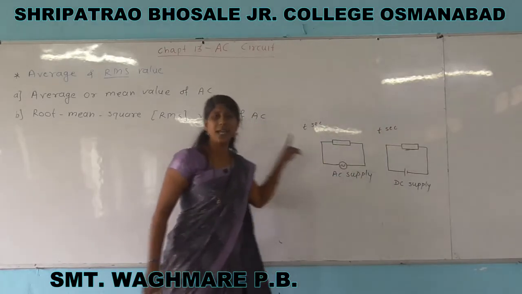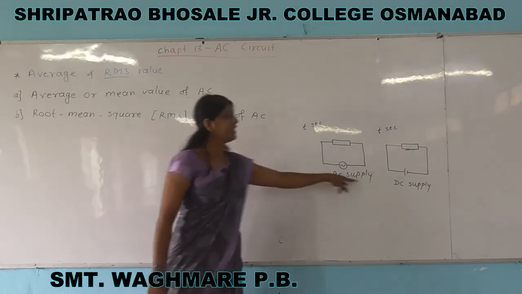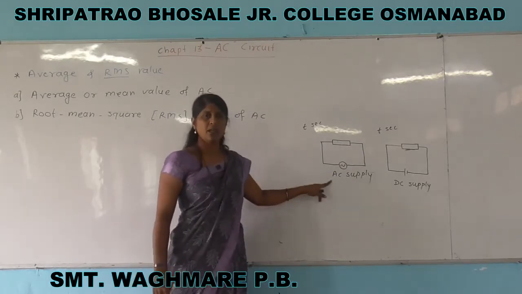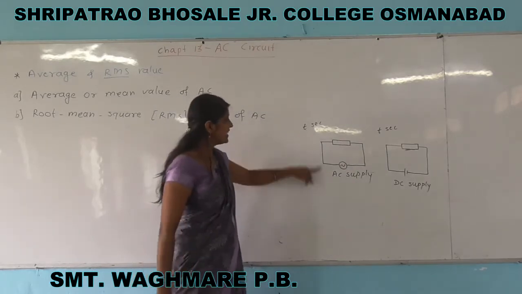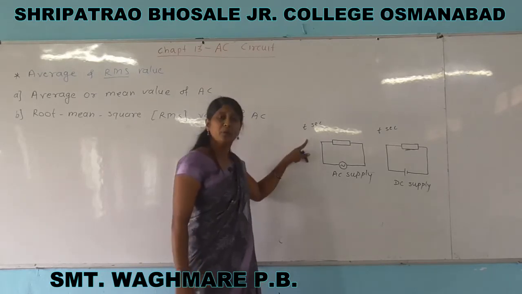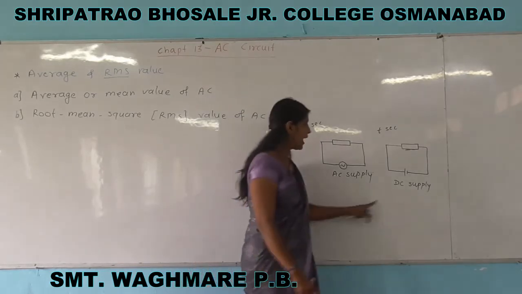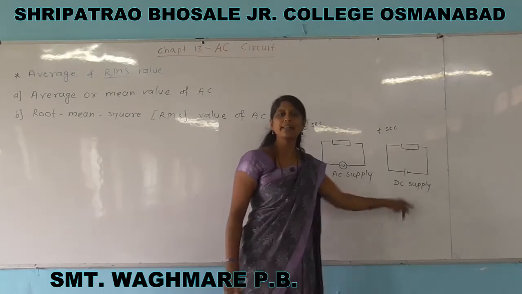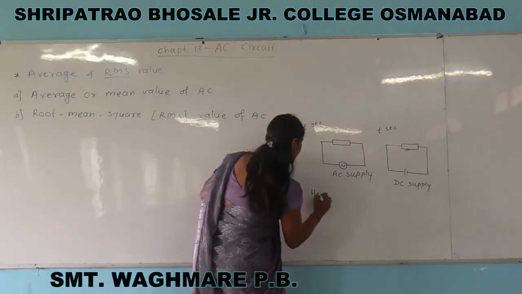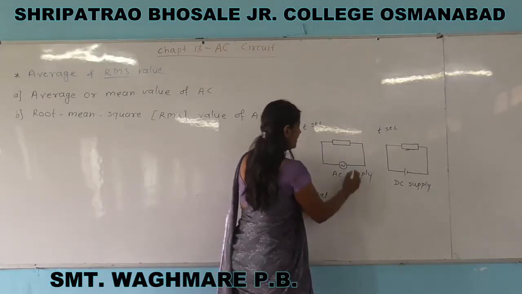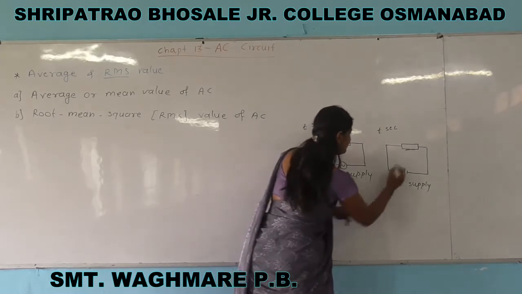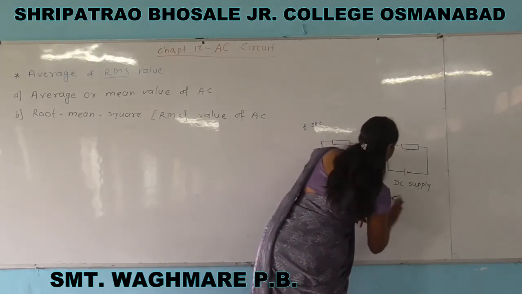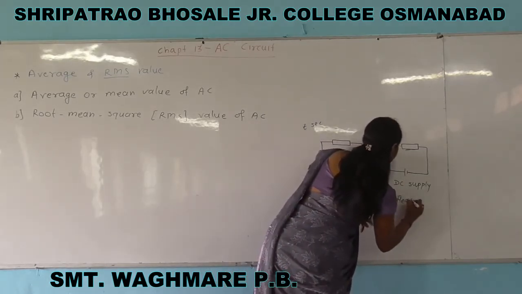The time of supply is also the same. Then the heat produced by the AC supply and the heat produced by the DC supply: heat in AC supply will be equal to heat in the DC supply.